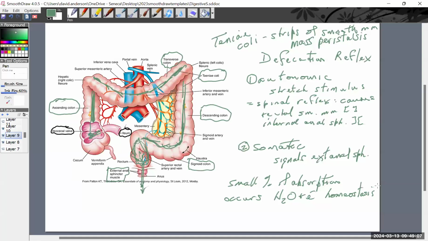And you can appreciate that if there's a larger component of water in the stool, it's going to be runny, and less percentage of water in the stool, it's going to be hard.